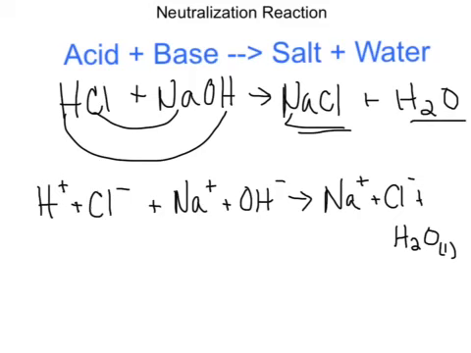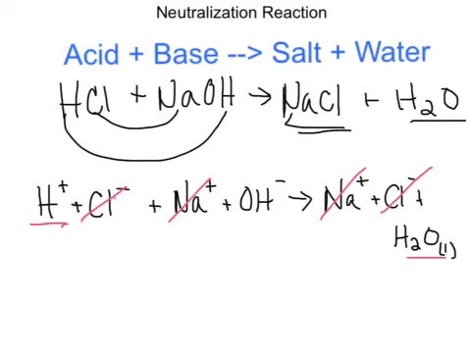And so, if we were to abbreviate this to eliminate our spectator ions and write the net ionic equation, let's find our spectator ions. Here we have chloride ions on both sides of the equation in the same form. Here we have sodium ions on both sides of the equation in the same form. Here we have hydrogen ions on the reactant side going into the production of water on the product side.